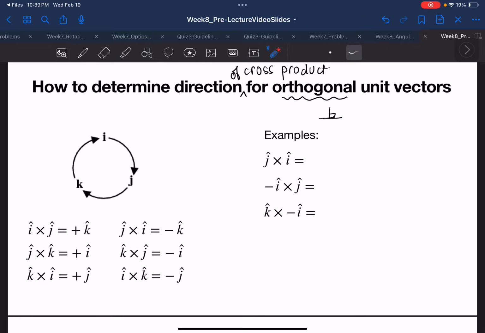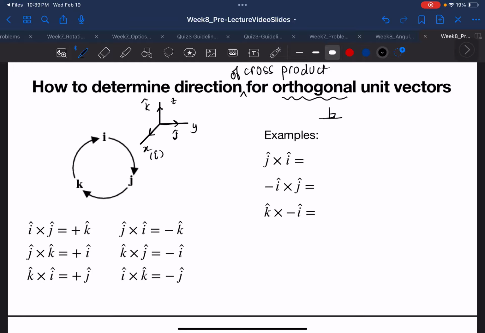So what are the orthogonal vectors that we're used to? In the XYZ axes, we use the notation I hat for the unit vector that points along the X direction. We use J hat for the unit vector that points along the Y direction. And we use K hat for the unit vector that points along the Z direction.